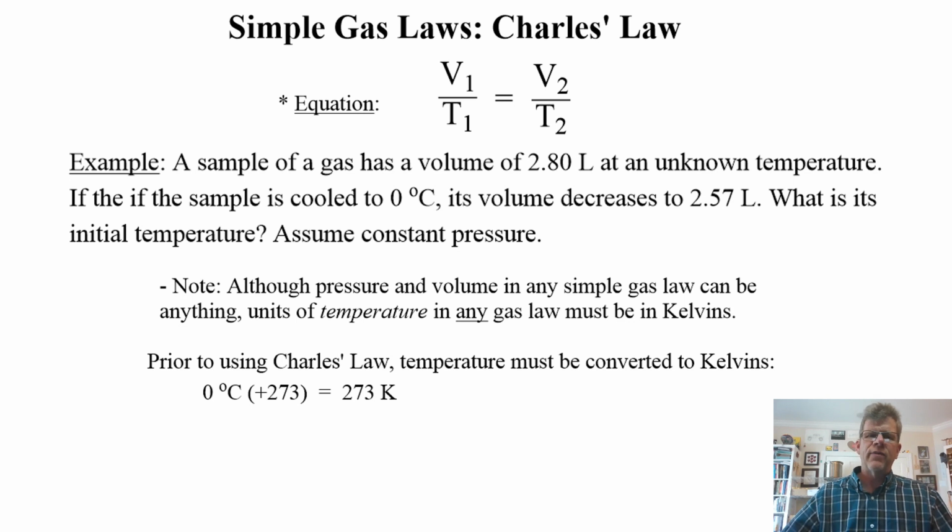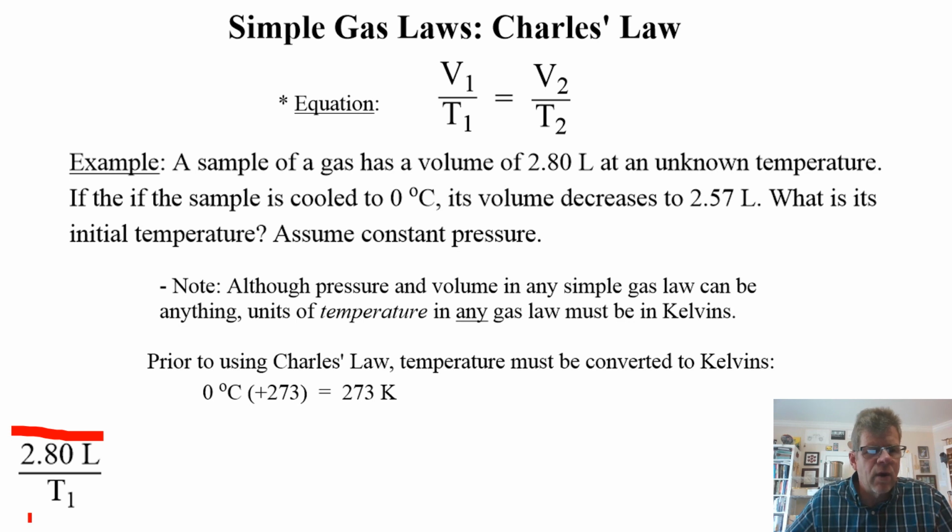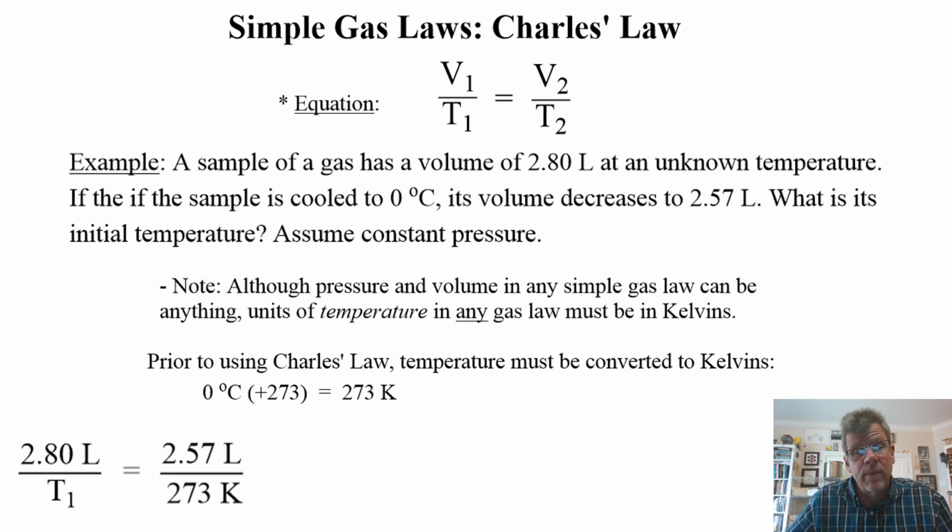So now that we've converted 0 degrees plus 273 to 273, we can plug in our numbers of V1, V2, and T2, and ultimately solve for T1. So down here is our initial volume and an unknown initial temperature. Then we put on the other side our final volume and final temperature in kelvins. And at this point, it just becomes elementary.